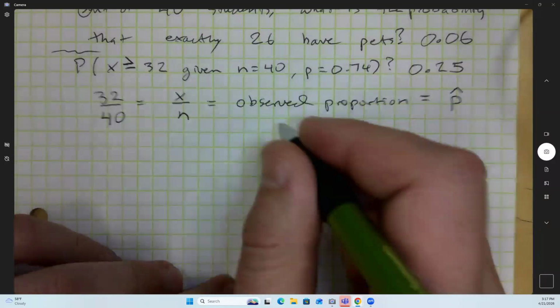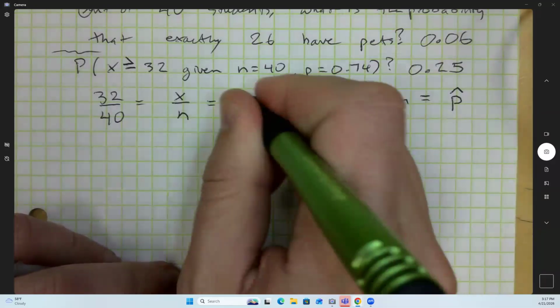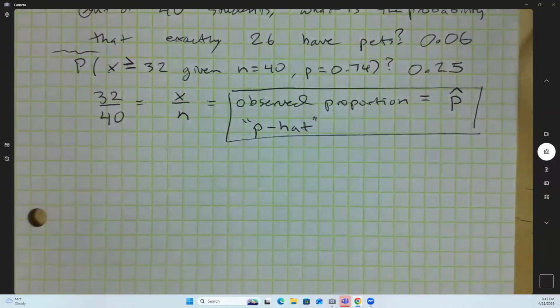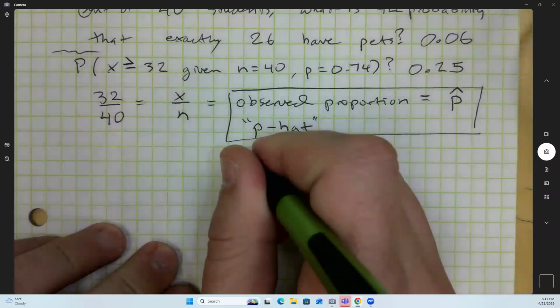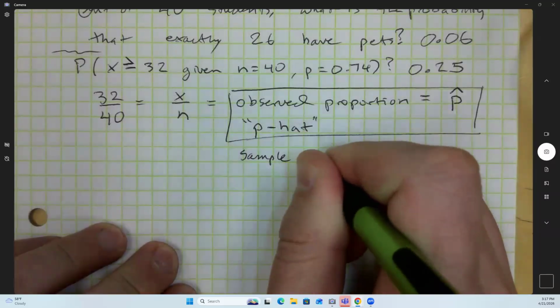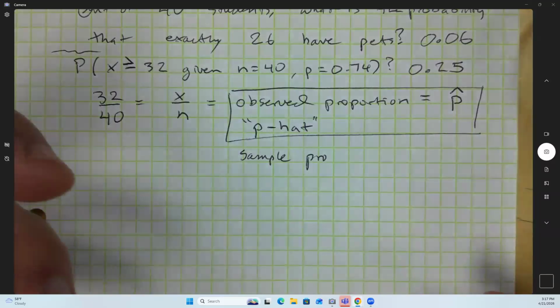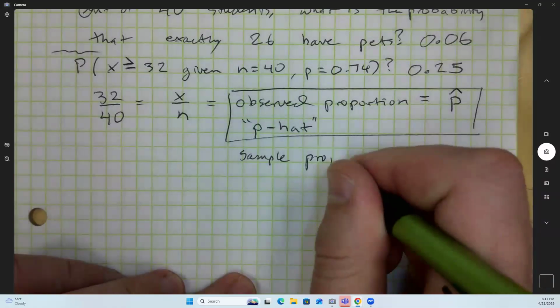And it's called P hat. You're going to see P hat written in textbooks, with the caret over the P. You're never going to see me write that. You're going to see me write either the word observed proportion or sample proportion, or you're going to see me at least write P hat with the letters, because that's how I would write it using R, because there's no caret over a letter in R. Sample proportion.